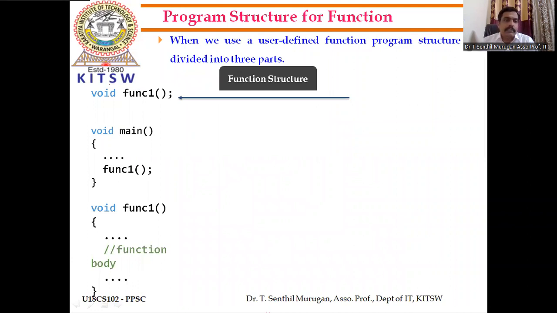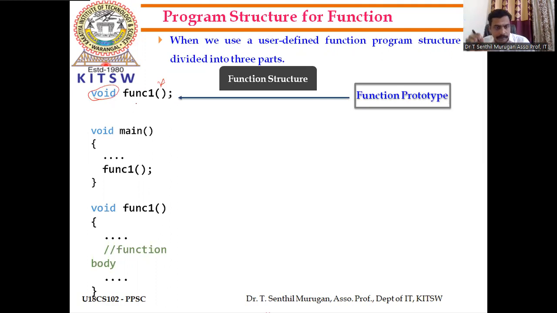First we have to inform the compiler that I am going to use this function, this function has no return type, no return values, and I am not passing any argument for this function. So this is the function prototype. We can say this is function declaration or function prototype. This is the first part.